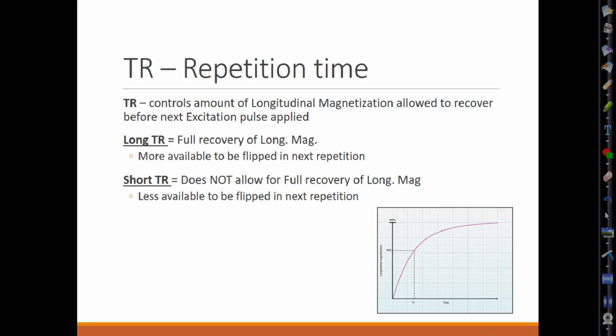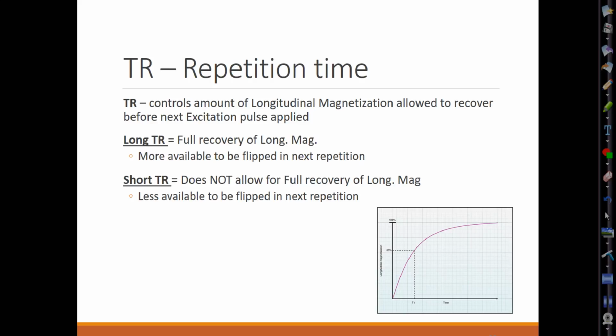All right, TR. Once again, it's part of the scan time equation, but the main parameter that influences T1 recovery is our TR. If we have a longer TR, we're allowing that tissue to recover more. So if we have a larger net magnetic vector before the next RF pulse, it'll get flipped down and we'll have more signal.